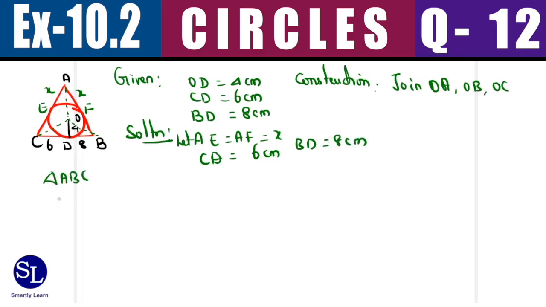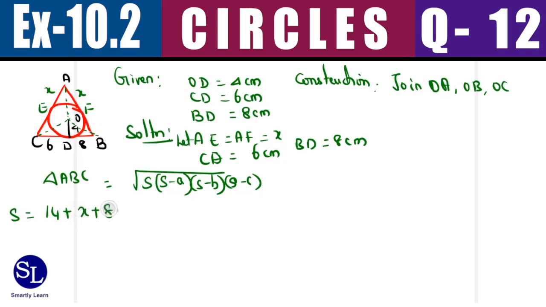Now let's take triangle ABC. The area of triangle ABC, because we don't know the height, we're going to use Heron's formula. So it is root of S into S minus a into S minus b into S minus c. First let's compute S. S is nothing but the sum of all the sides by 2. So for BC it is 6 plus 8, that is 14, plus for AB it is going to be x plus 8, because if BD is 8, BF is also 8.